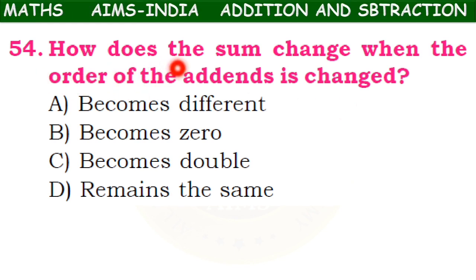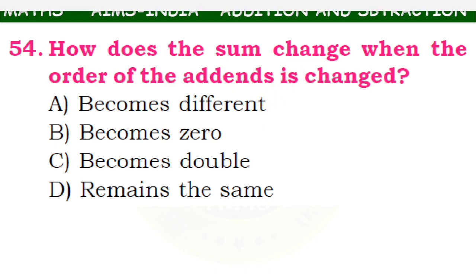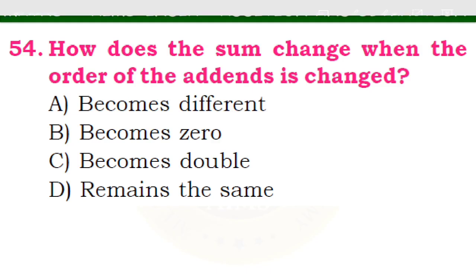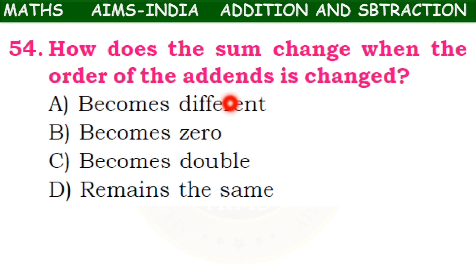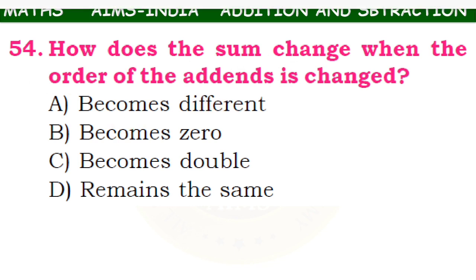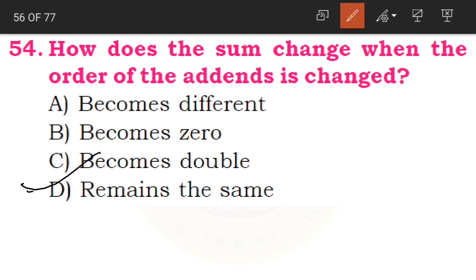Coming to question number 54. How does the sum change when the order of the addends is changed? If you remember, children, in the lesson properties of addition, we have learned this. When the order of the addends is changed, the sum does not change. It remains the same. That is option D. Suppose you don't remember, then take any two numbers and add. 2 plus 3 is equal to 5.